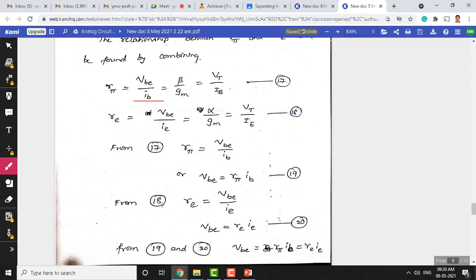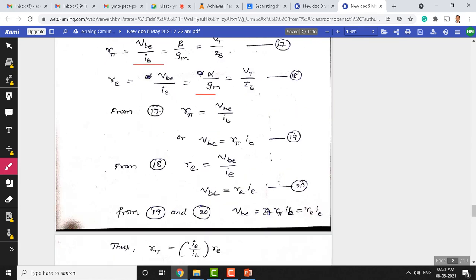And from equation 18, definition wise RE is equal to VBE by IE. VBE can be written as RE times IE, just by cross multiplying this. Now you can see VBE is common to both equation 19 and equation 20.